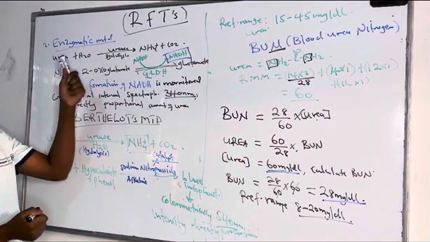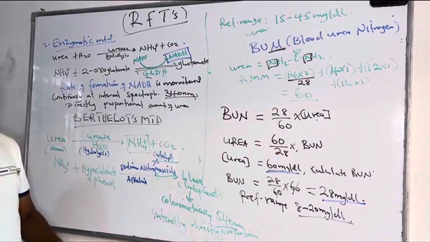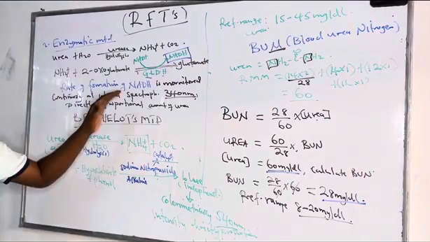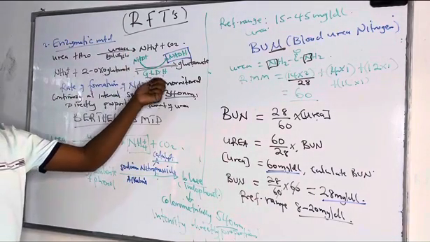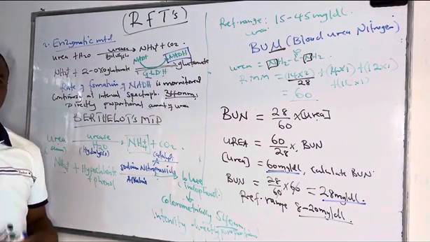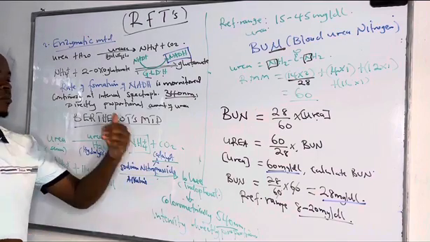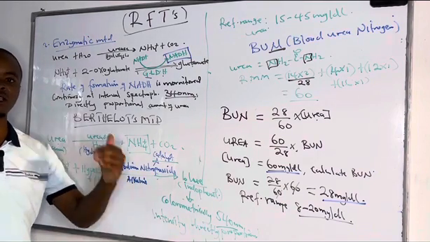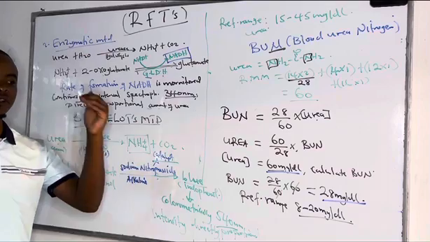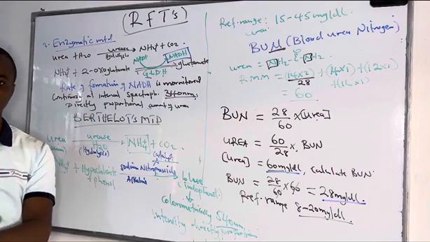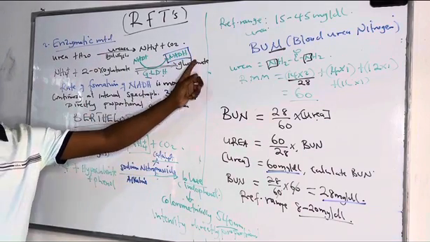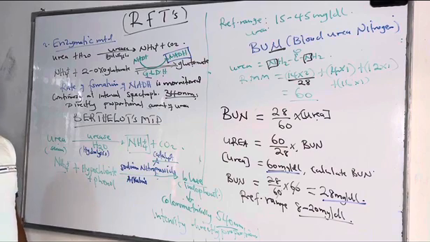So this is the enzymatic method, where it involves two enzymes, that is urease enzyme and glutamate dehydrogenase. And it is a kinetic method where we monitor continuously at a fixed time interval, like after 30 seconds, the rate of formation of NADH.